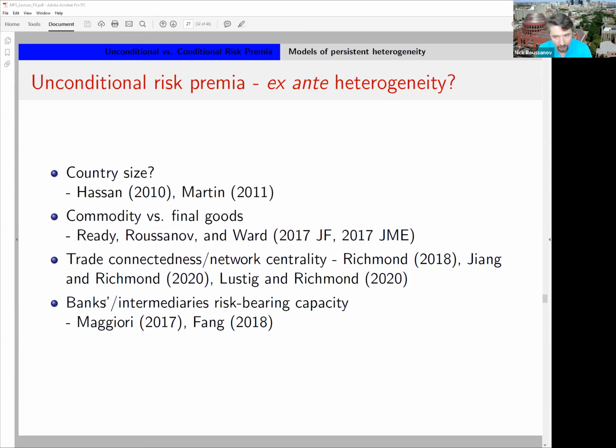There's, of course, now interesting work on intermediation, and Majori's work on countries' absorption of global risk. For the US, its ability to absorb a lot of global risk makes it the global risk taker of last resort, makes it most exposed to global financial conditions.